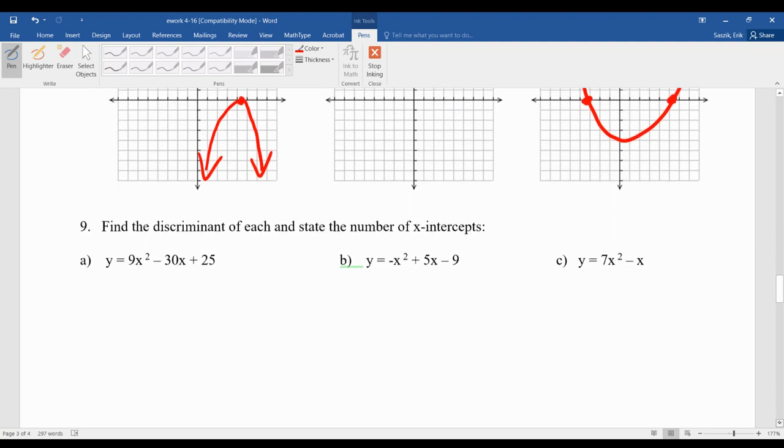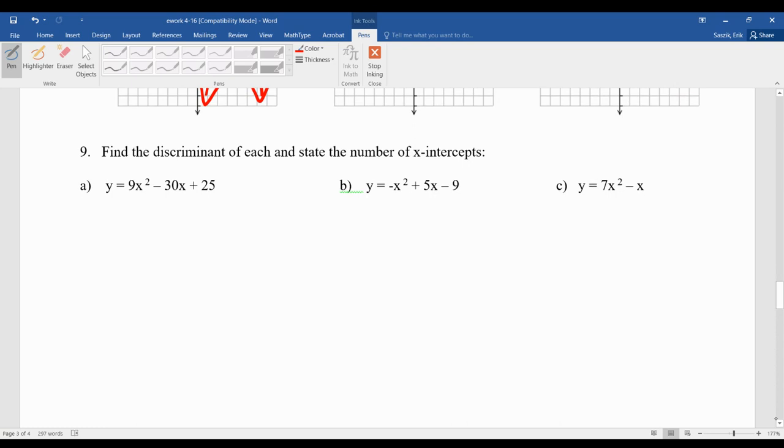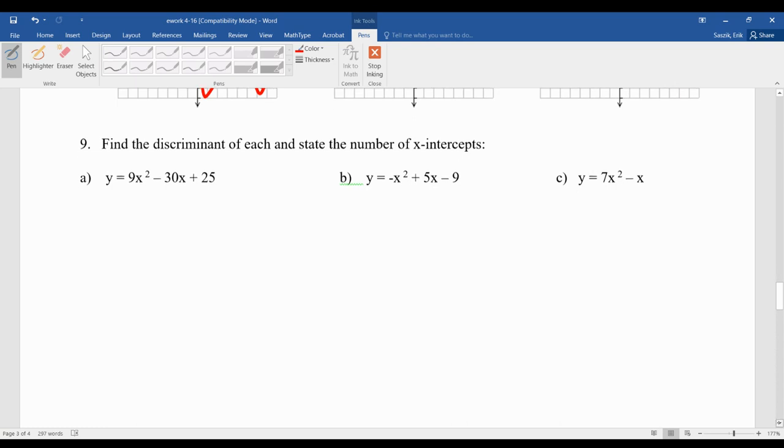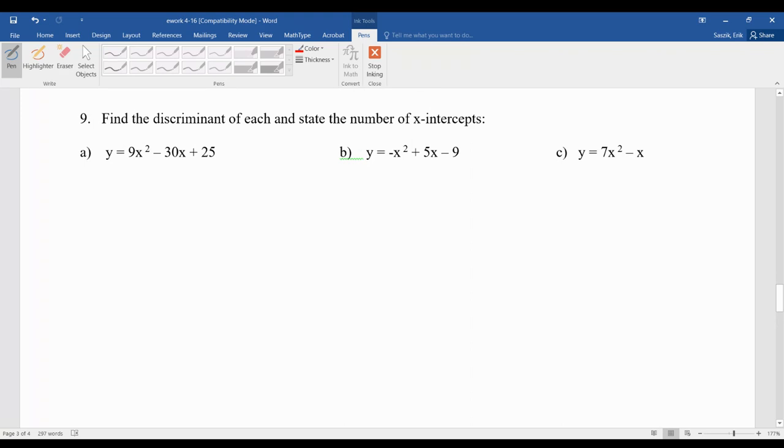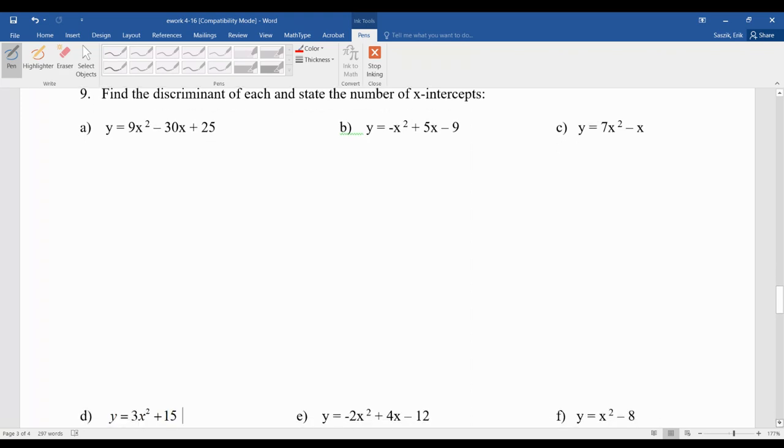Okay, here are some practice problems. You can do all of these on your own, really. Remember, it's just asking to find the discriminant to determine the number of x-intercepts. You change the y to 0. Write down your ABC. That's 9.